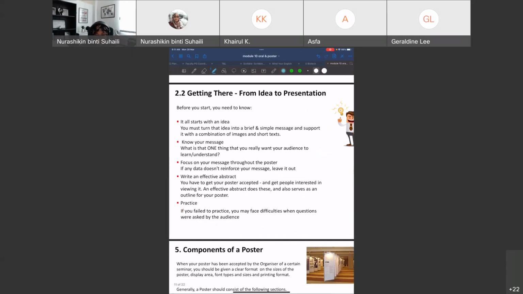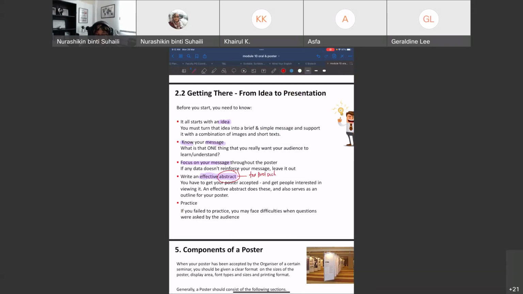Before you start, it all starts with an idea. Know your message, focus on your message, and write an effective abstract. The abstract is one section of a poster, actually the first section.